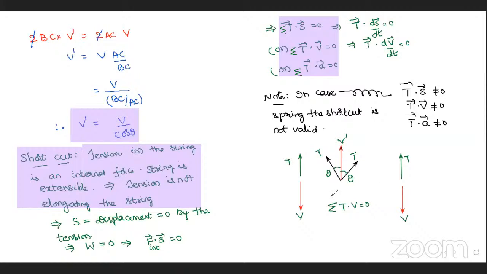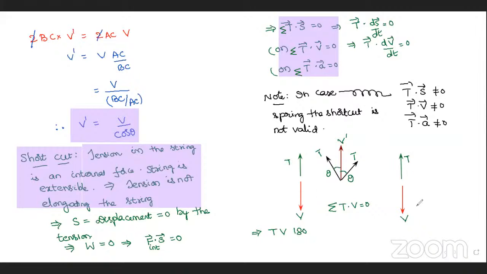I think still you have some doubt in mind. Look at what I'm going to write. That implies T dot V, that is TV. What will be the angle between these two here? How much is the angle between T and V? 180. Very good. TV into cos 180 here.